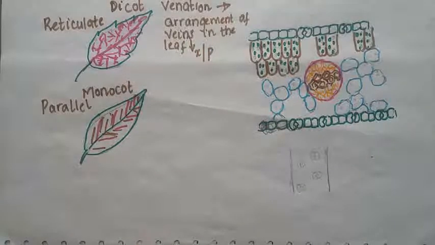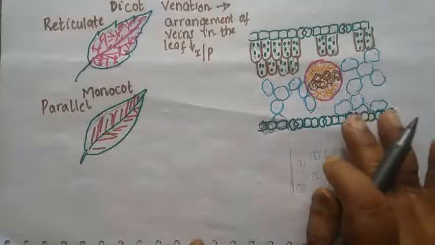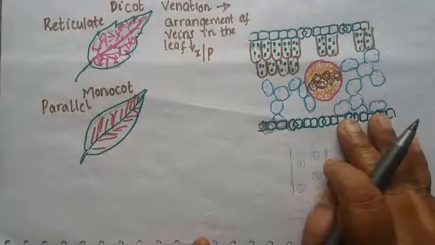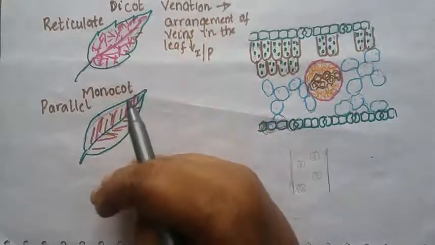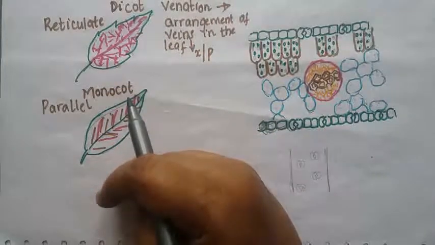But when you look at the internal structure of a leaf under a microscope, you find some differences. As per the syllabus, we are supposed to learn only the dicot leaf but not the monocot leaf. Right? Yes.